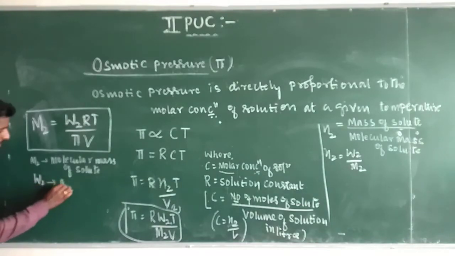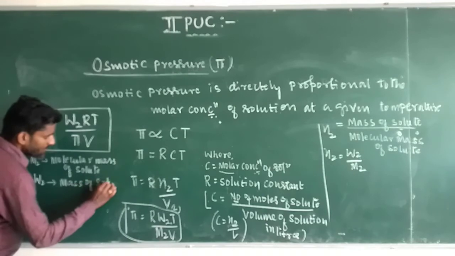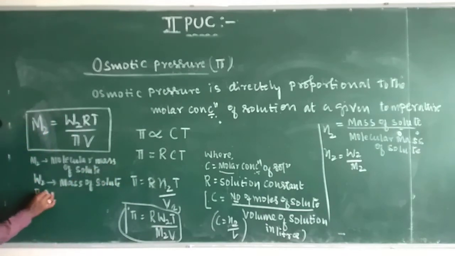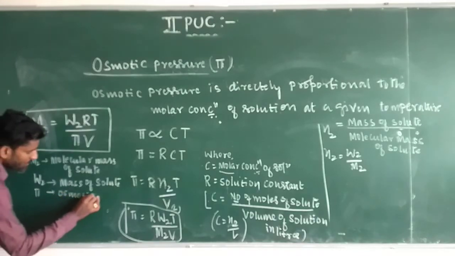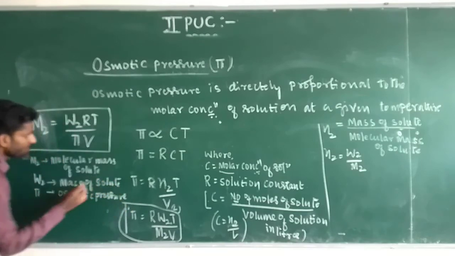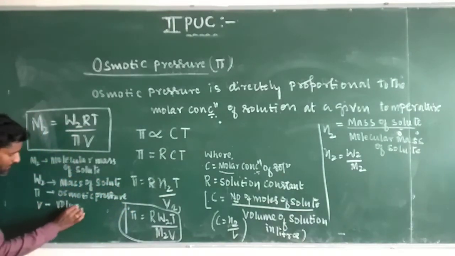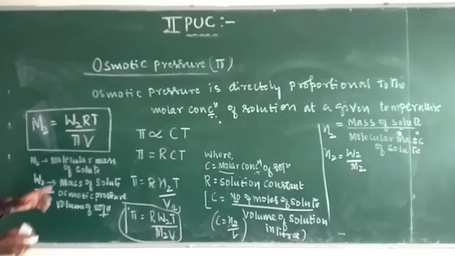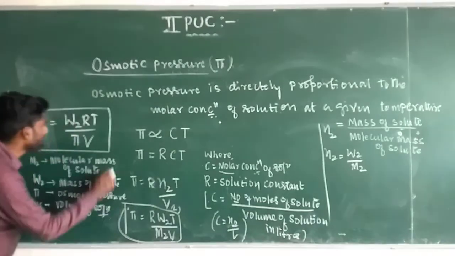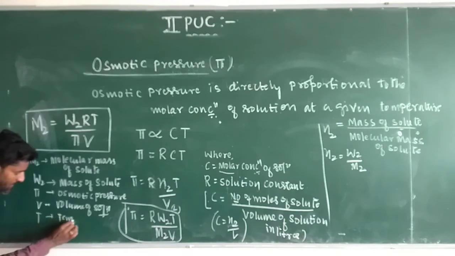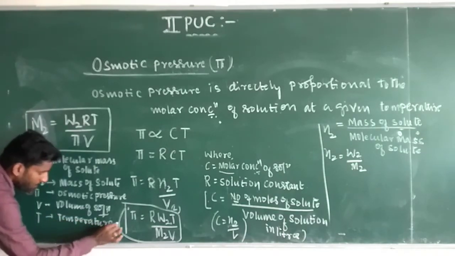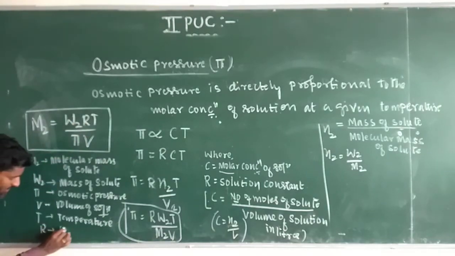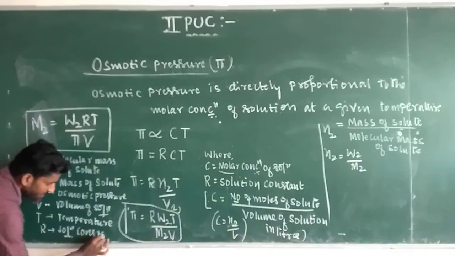W2 is the mass of solute, pi is the osmotic pressure, V is the volume of solution in terms of liters, T is the temperature in kelvins, and R is the solution constant.